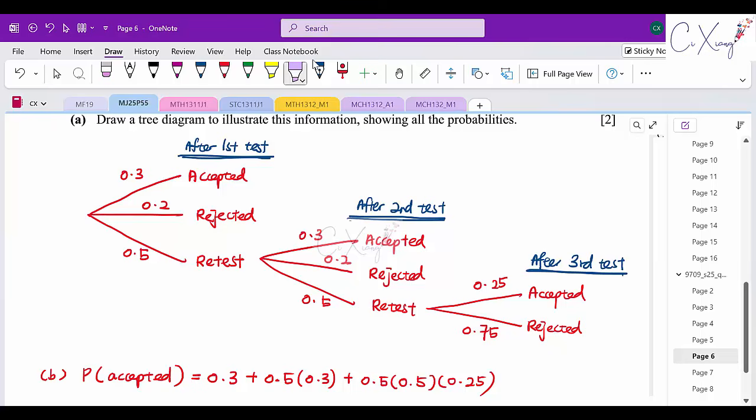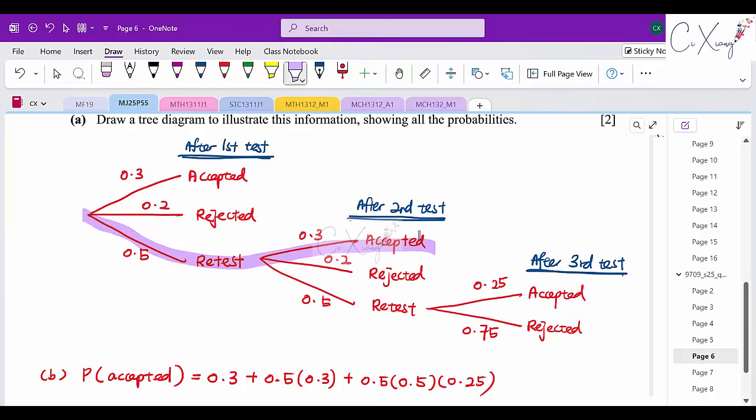So the first case will be this one. The student retests after taking the first test, then is accepted after the second test. So this is one of the outcomes that you want to consider because for this case, the student already takes the test 2 times, then eventually is accepted.